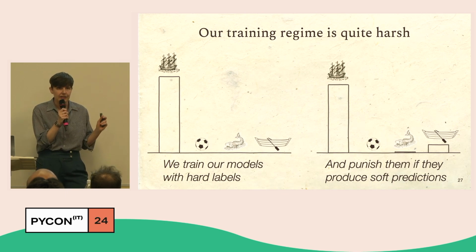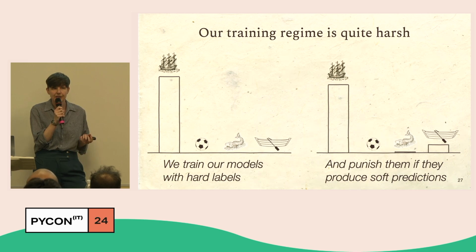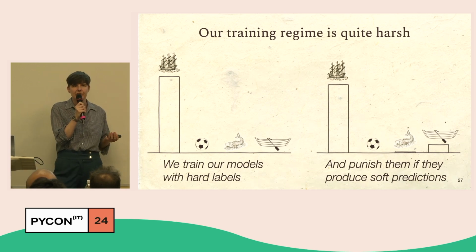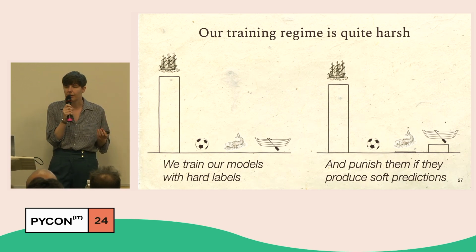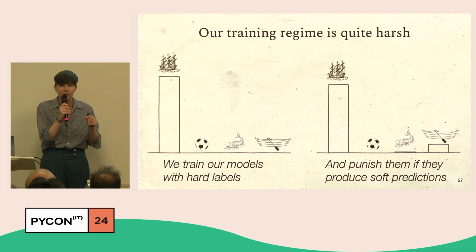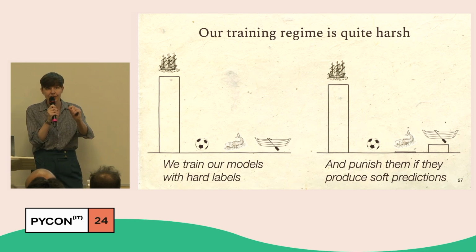If we take a step back, we kind of have to admit that the way we're training our models is quite harsh. Let's assume we have some image classifier and we feed it an image of a large ship. We want the answer to be ship, which certainly shouldn't be football, but it also shouldn't be boat. We punish every mistake.